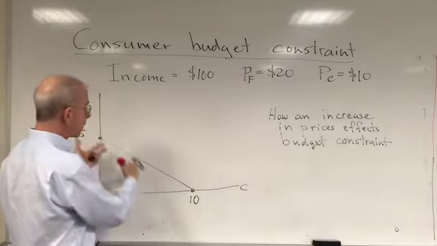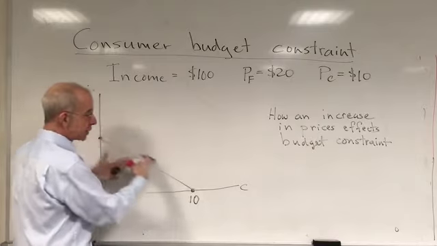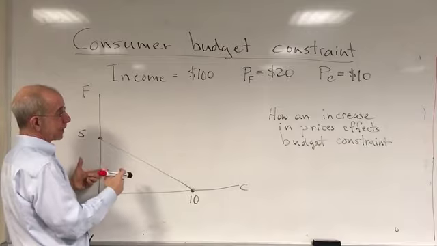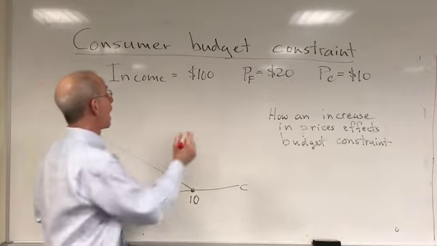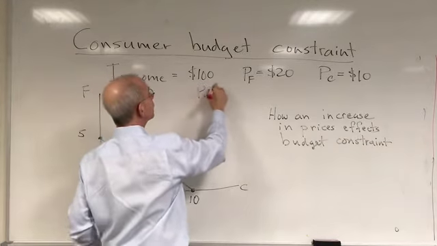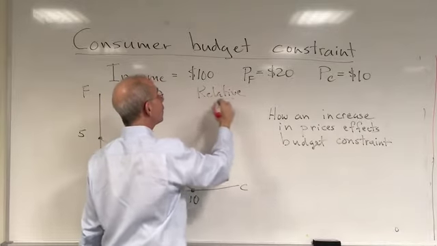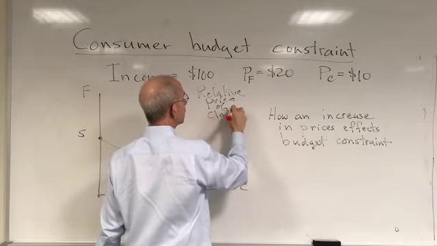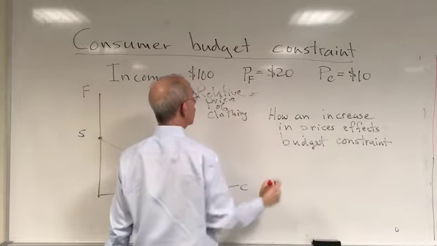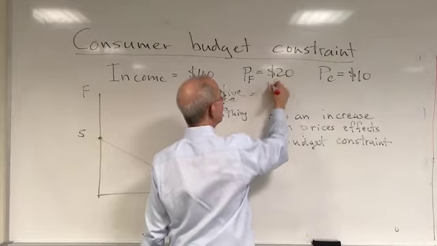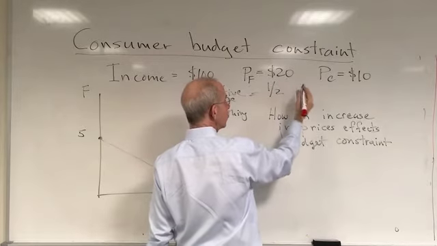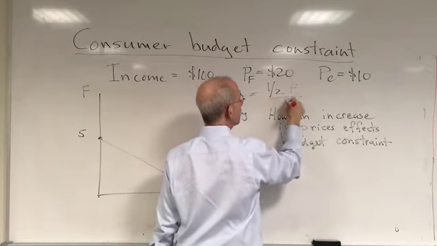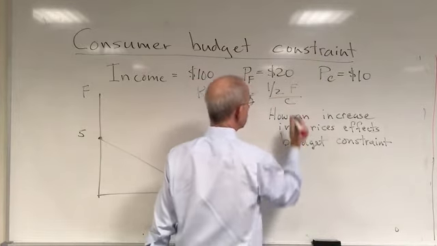And we consequently had a budget constraint that reflected the income and the prices, and where the relative price of clothing was 1/2 unit of food for every unit of clothing.